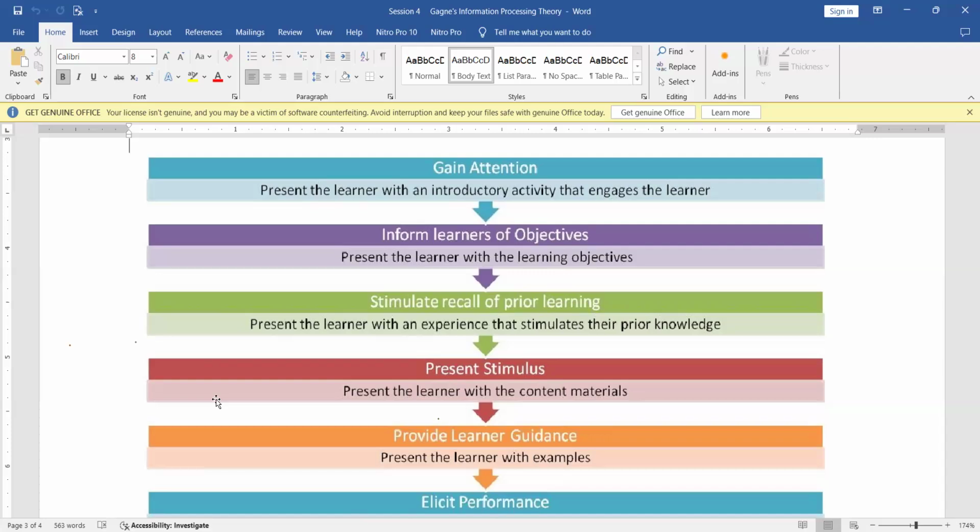Then I go to the next one. Stimulate recall of prior learning. Present the learner with an experience that stimulates their prior knowledge. As I told you, this concept comes with internal learning conditions. Just a while ago, I discussed conditions of learning by Gagné.